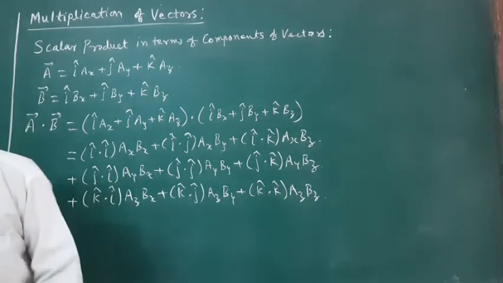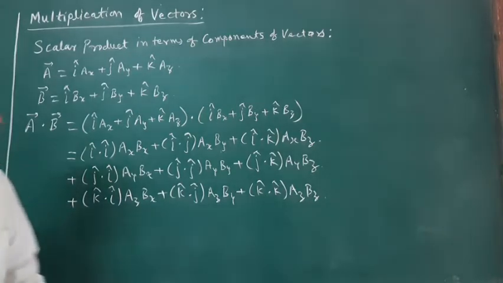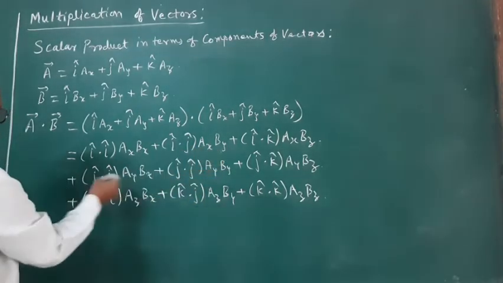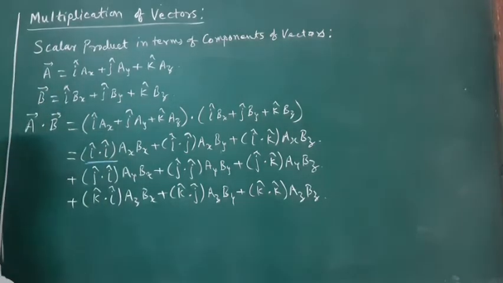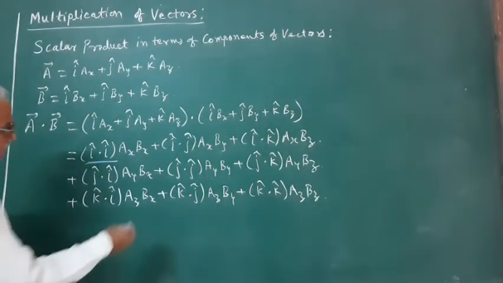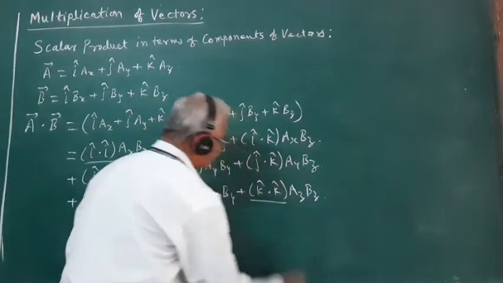Now, from this product, what we observe is that the dot products of unit vectors i dot i is 1, j dot j is 1, and k dot k is 1.